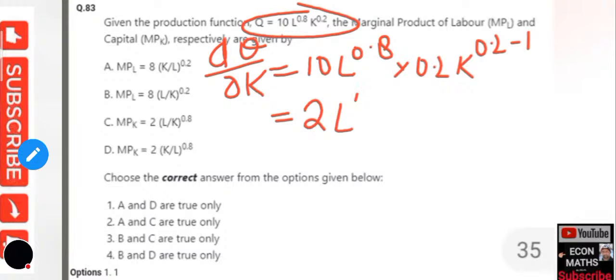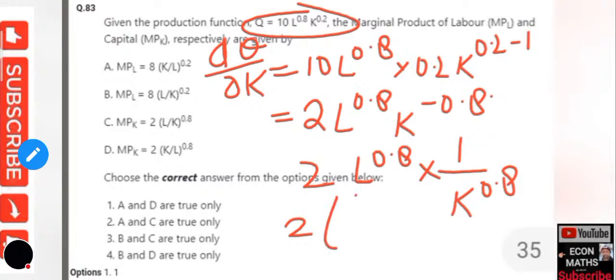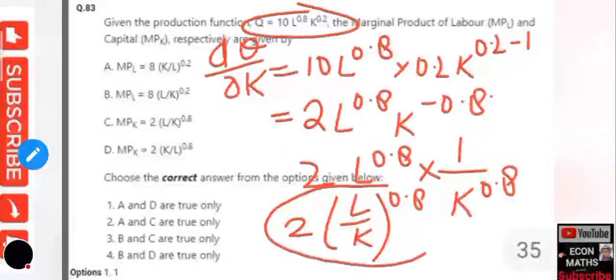Now we have L to the power 0.8 and K to the power 0.2 minus 1, which is minus 0.8. When solving, this will become 2 L to the power 0.8, and this K to the power minus 0.8 will become 1 divided by K to the power 0.8, which comes out to be 2 times L by K to the whole power 0.8. Because the powers are the same, we can write this in this form. Now which one is this?